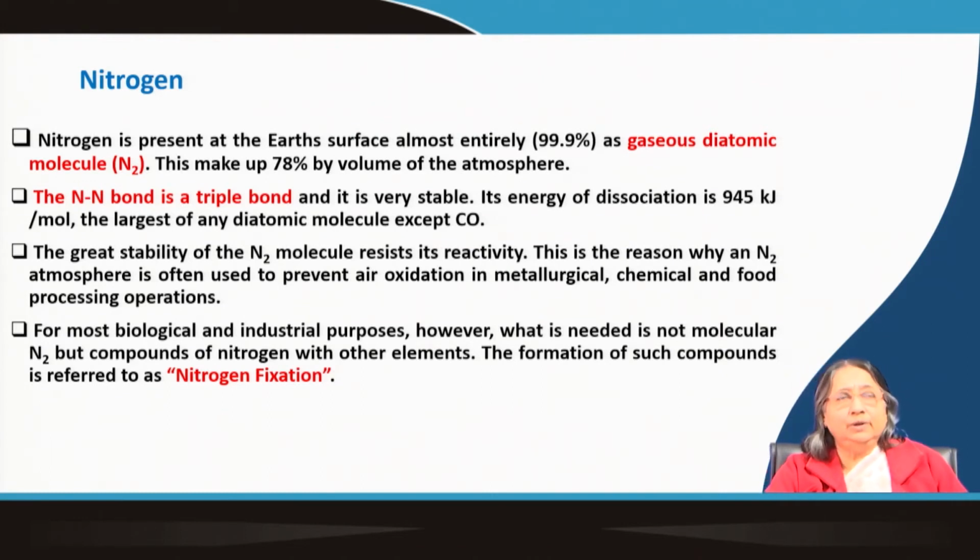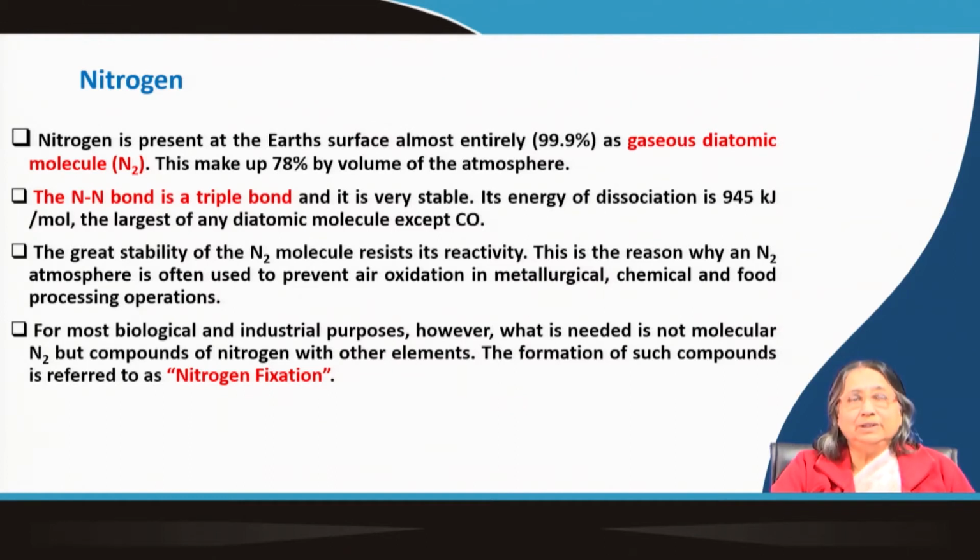Usually when I ask students whether nitrogen is more soluble in water or oxygen is more soluble in water, in 99% of cases I get the answer that oxygen is more soluble, but actually nitrogen is more soluble than oxygen in water.